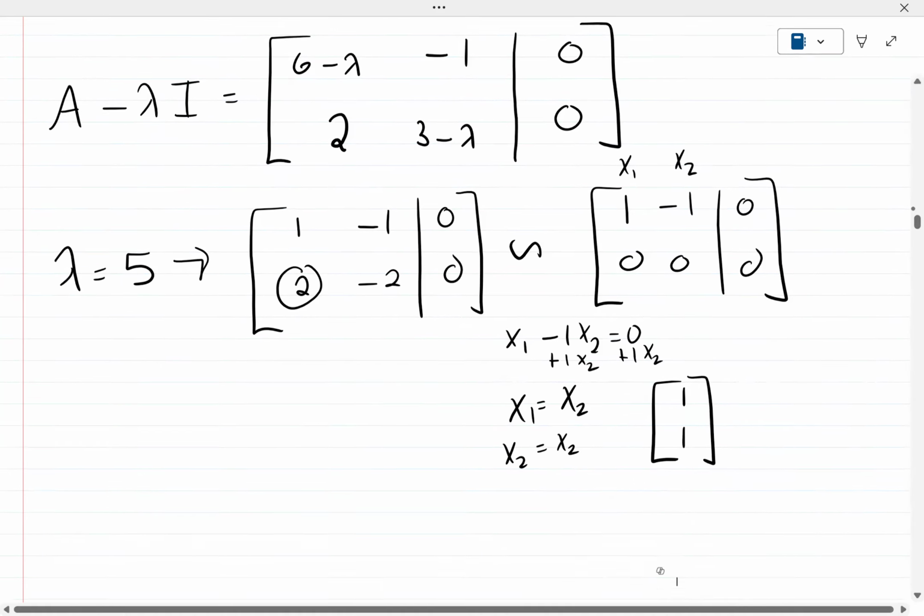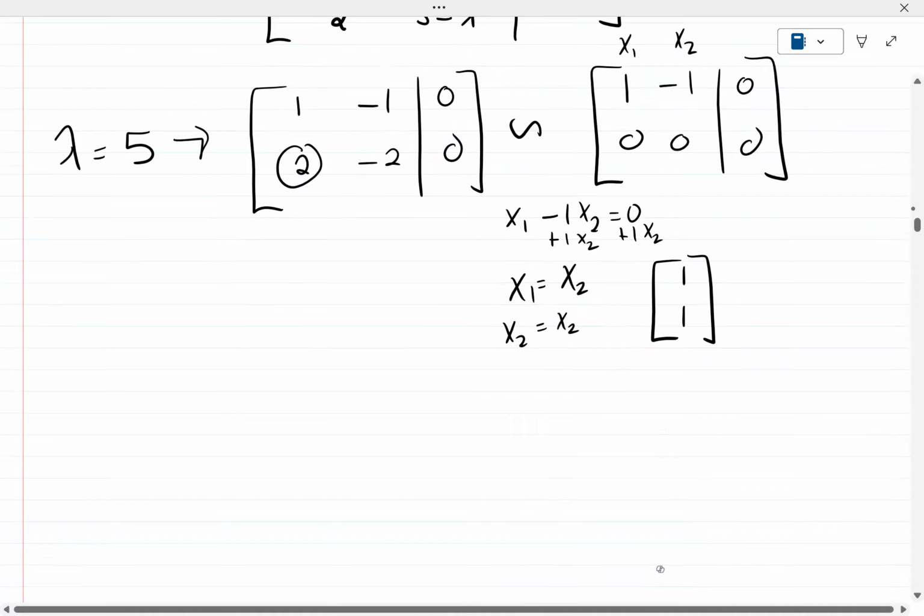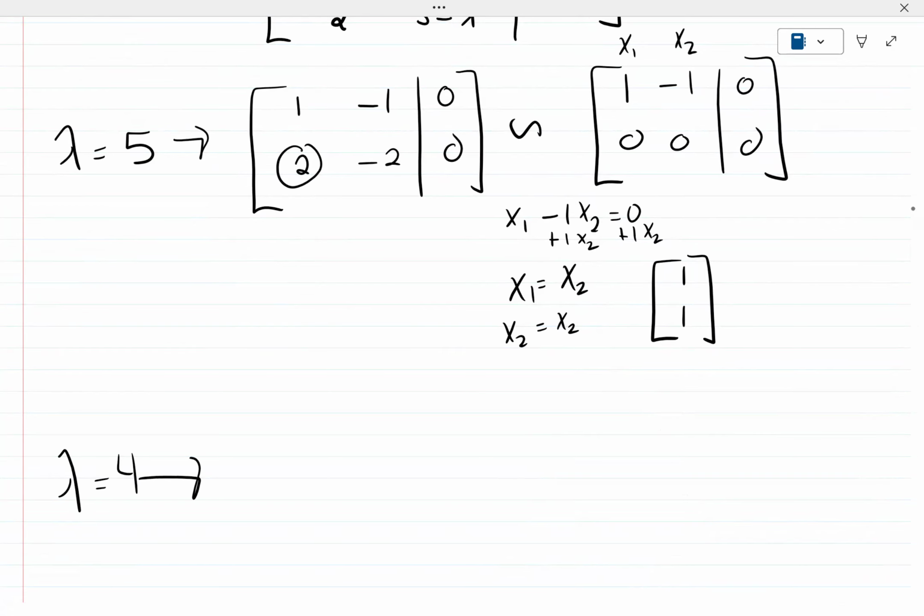Okay, now let's do the same process when lambda equals 4. You get 2. So 6 minus 4 is 2. This is 2, -1. And then 3 minus 4 is -1. And then we're going to augment it with 0. And then when I row reduce, you could just put that in the calculator.